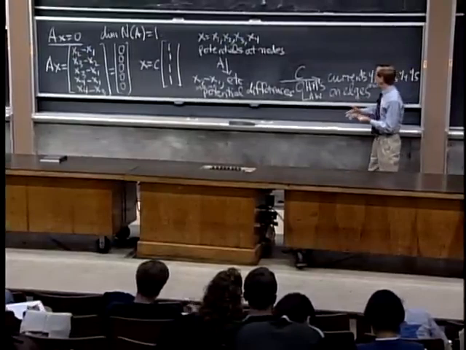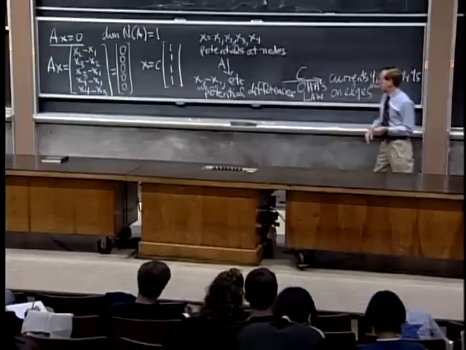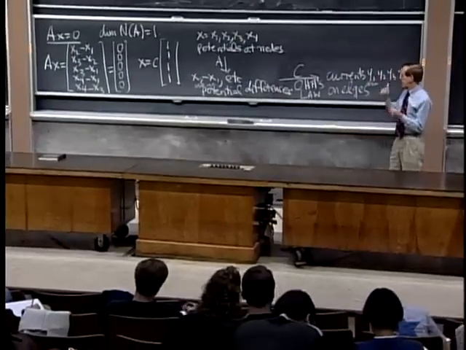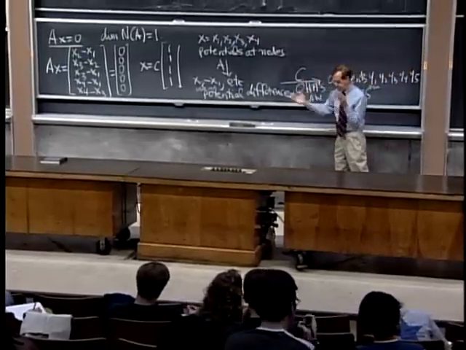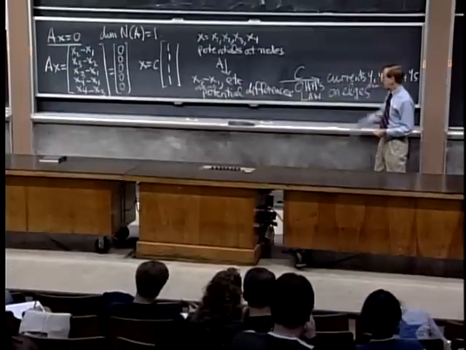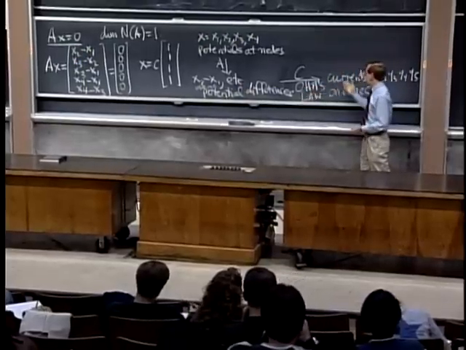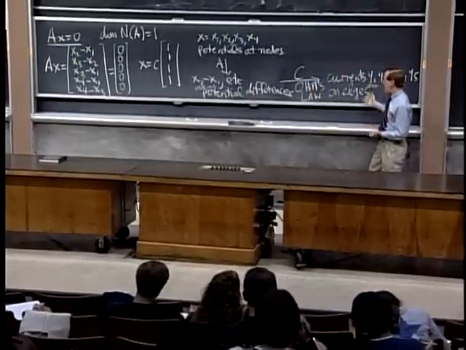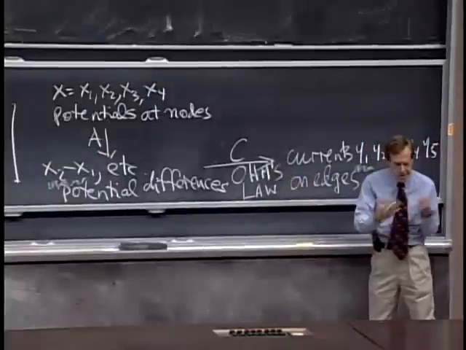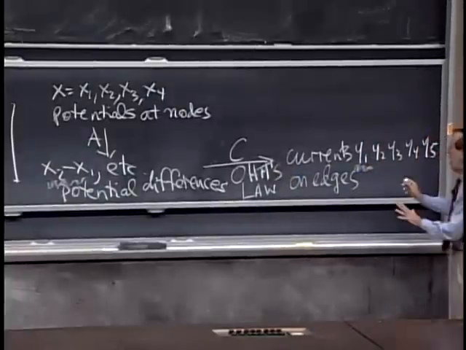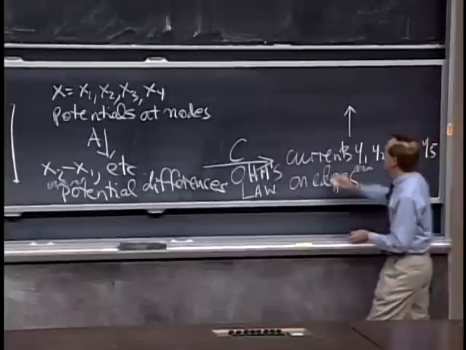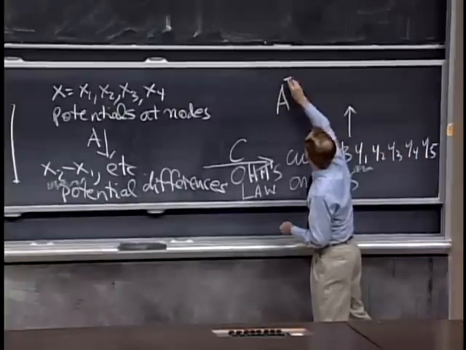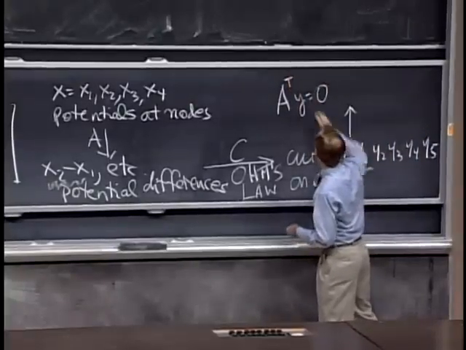This is the old relation of current, resistance, and change in potential. So it's a change in potential that makes some current happen, and it's Ohm's law that says how much current happens. Okay, and then the final step of this framework is the equation A transpose y equals 0.